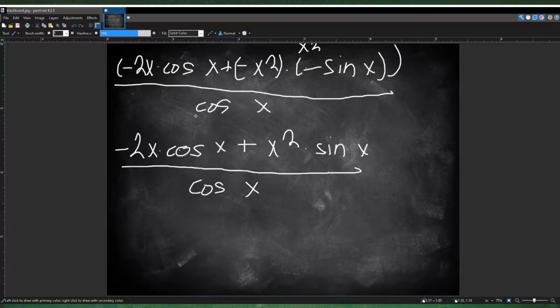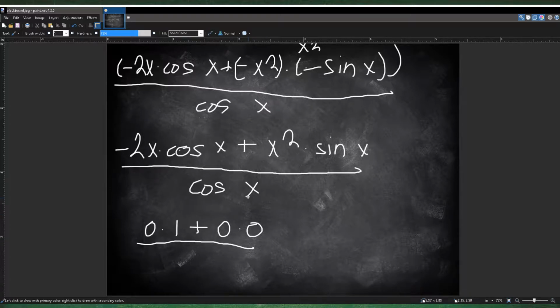Well, remember our original equation was the limit as x approaches 0, right? So as x approaches 0, x becomes 0, so negative 2 times 0 is 0. Cosine of x, which is cosine of 0, is 1. Plus x squared, which is 0 squared, which is 0, times sine of x, which is 0, because x is 0.